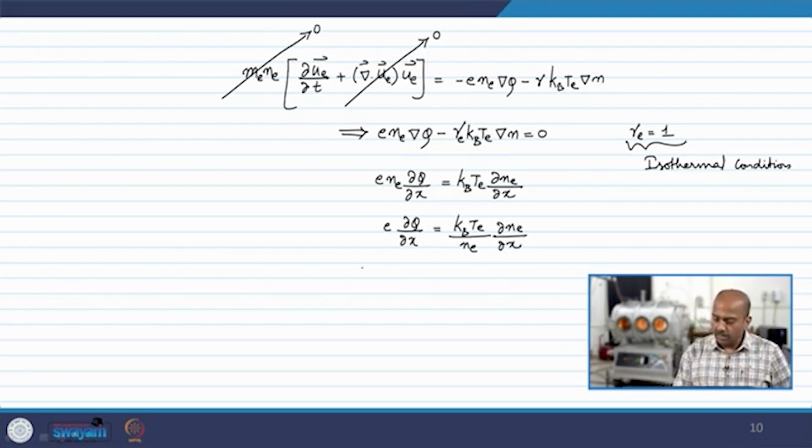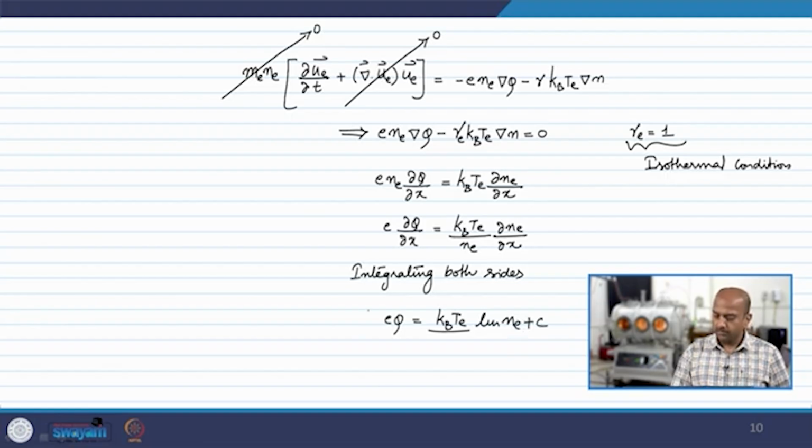And if we integrate both sides with respect to x, we can write e φ = k_B T ln n_e + C.